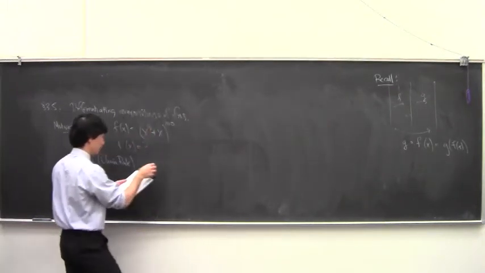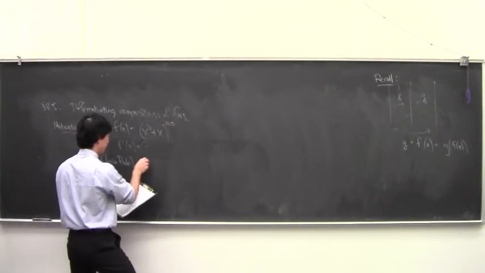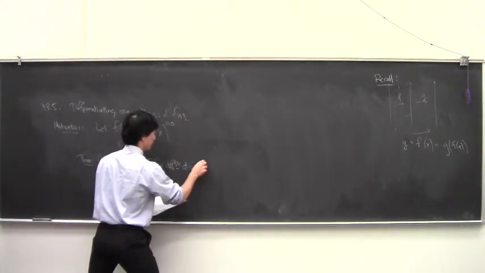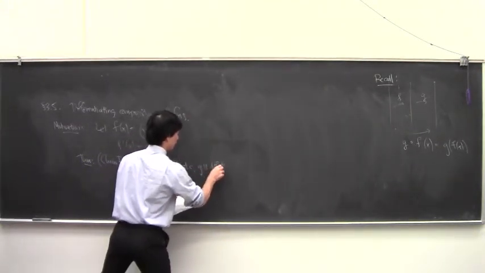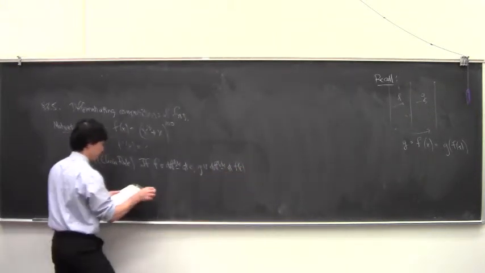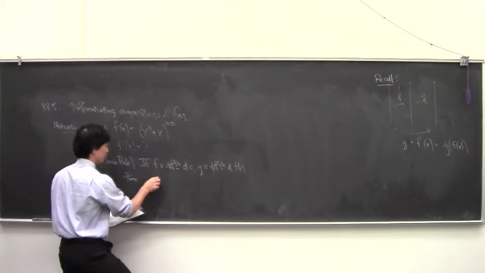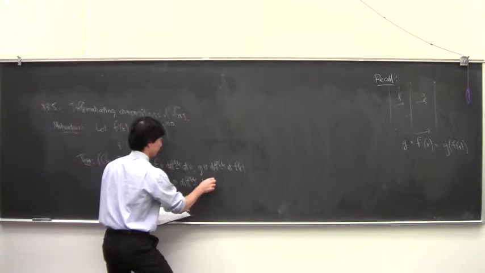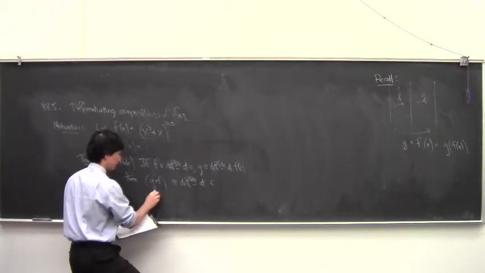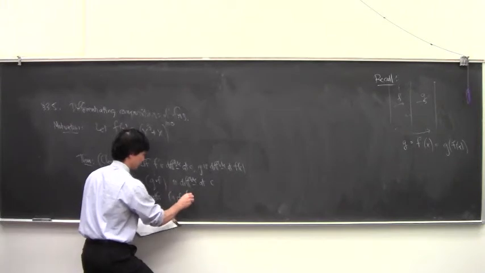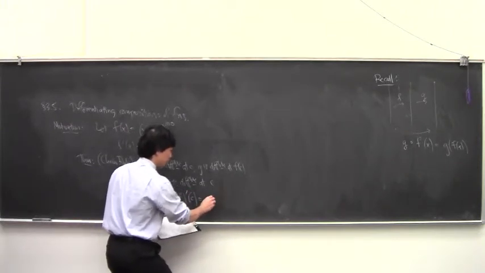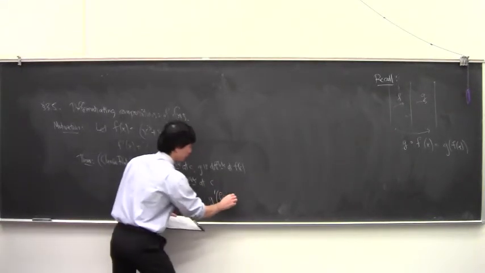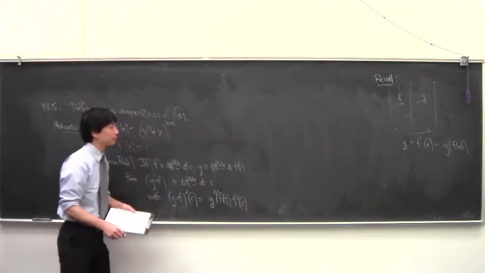So here's the chain rule. What it says is that if f is differentiable at c and g is differentiable at f of c, then the composition g of f is differentiable at c, with its derivative being the product of the derivative of g at f of c and the derivative of f at c.